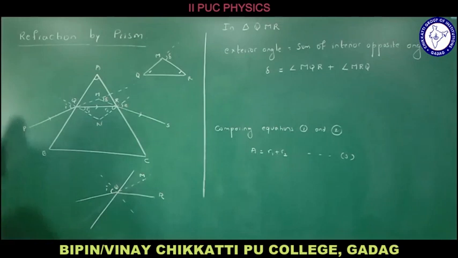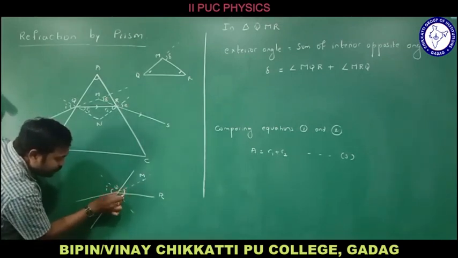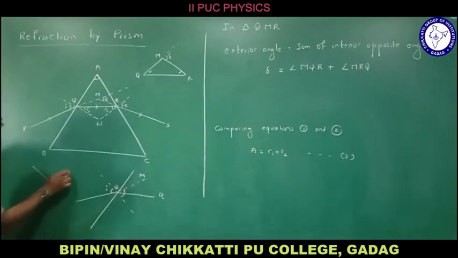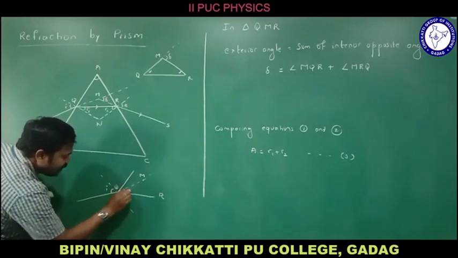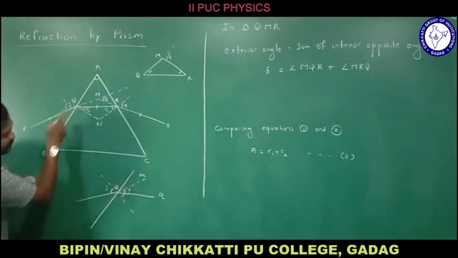If this angle is the angle of incidence, what is this angle? Come on, tell me. That is also the angle of incidence, because these two angles will be equal. They are vertically opposite angles. So this angle is the angle of incidence. But we know that this angle is r1.